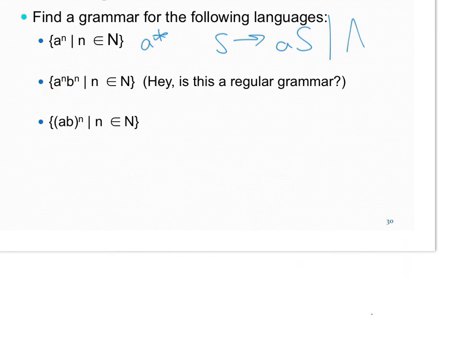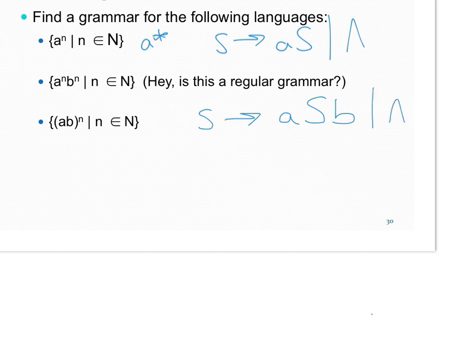Okay. So what we need is the same number of a's and b's, but we need them to bubble out from the middle. So our rule is going to look something like this. We're going to say S goes to aSb, so every time we put that S in, the a's are on the left and the b's are on the right, or lambda.